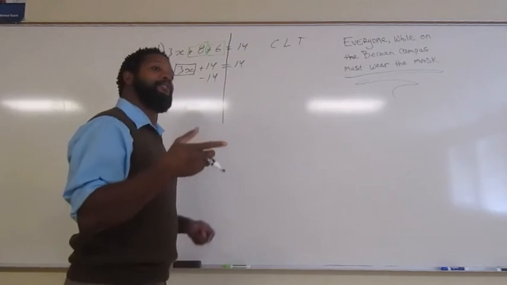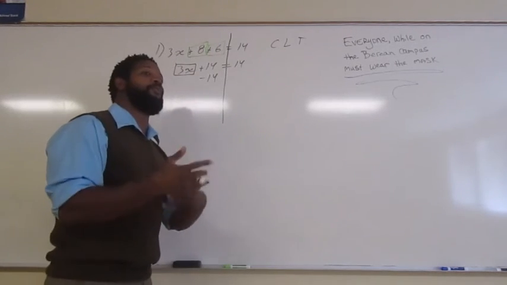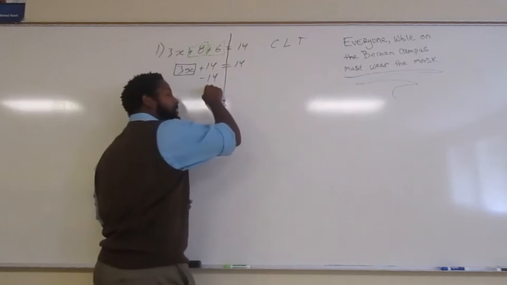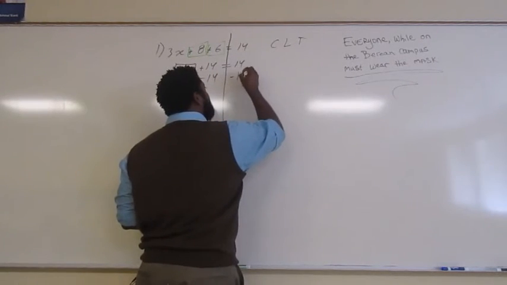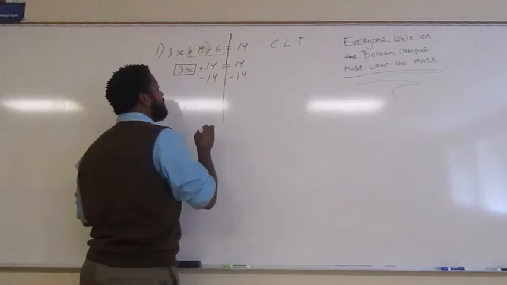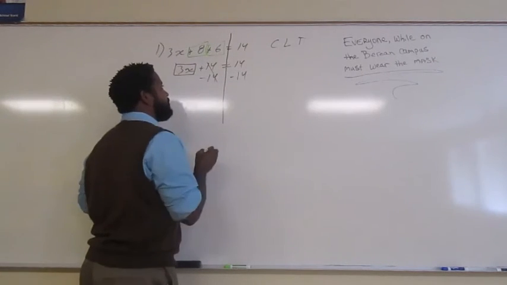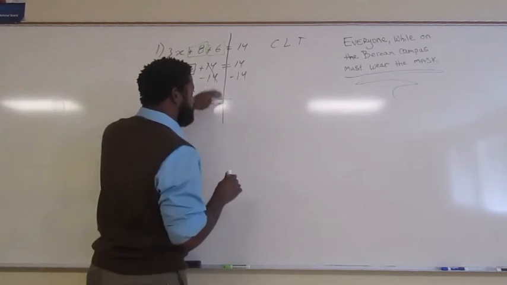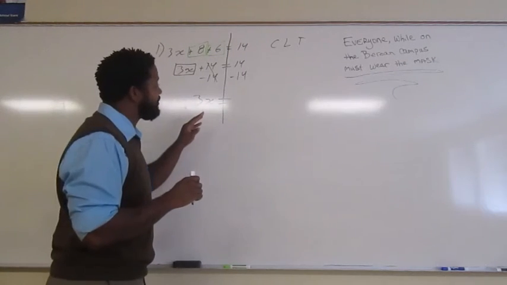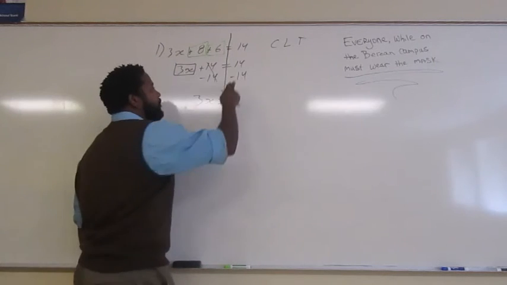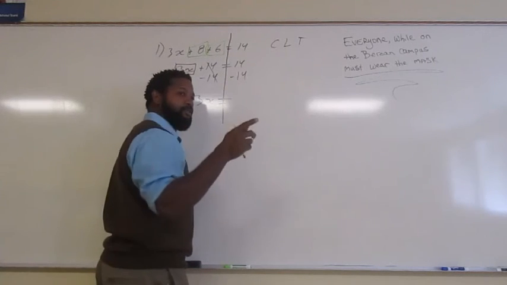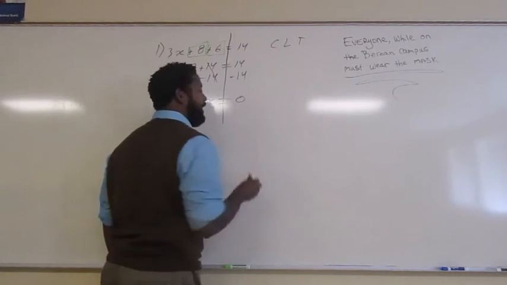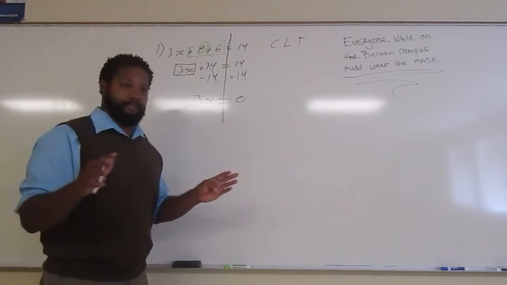And that's why I asked you, what you do on one side, you must do on the other. So if you put a negative 14 right here, you put a negative 14 right here. Okay? And that's how this cancels out and the 3x comes down with the equal sign still separating the sides, right? What's 14 minus 14? 0. 0, okay?